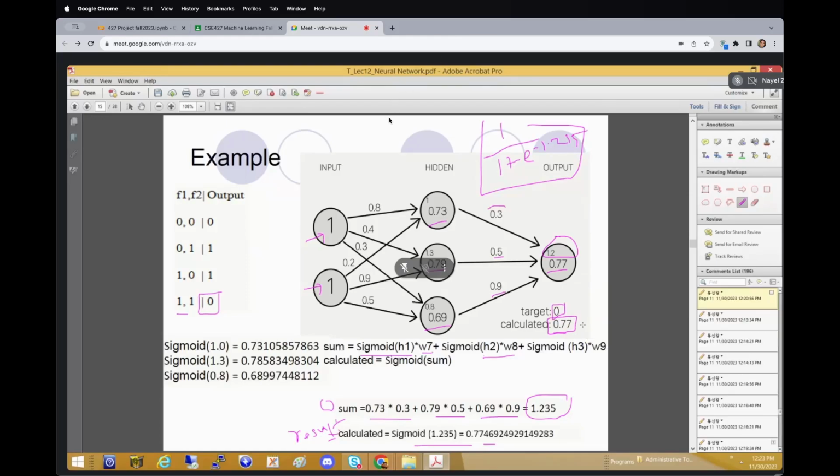So that means this is far from our target. We initialized those weights using just these values, and that's why the calculated value is 0.77.